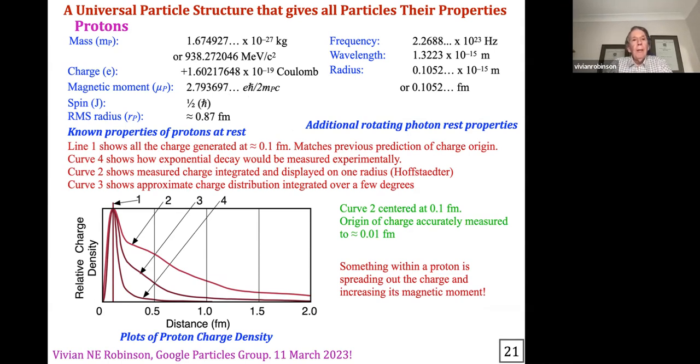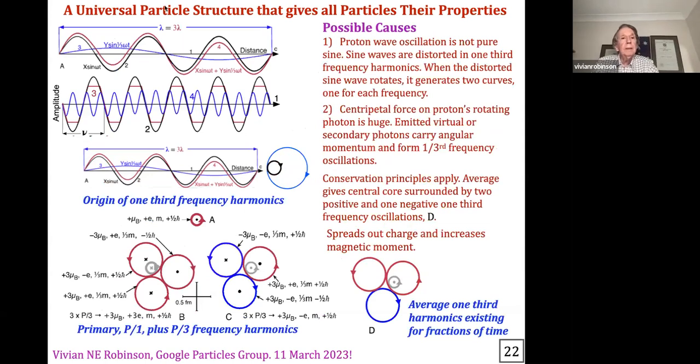Well, there's a couple of possibilities. One is that the wavelength, which is the black one here, is non-sinusoidal. Now the black curve is just a sine wave. The blue curve is if it had a 1/3 frequency harmonic imposed upon it, then it would get the red curve. Now, why 1/3 frequency harmonics? Well, this is a plot in what you'd call a momentum space.